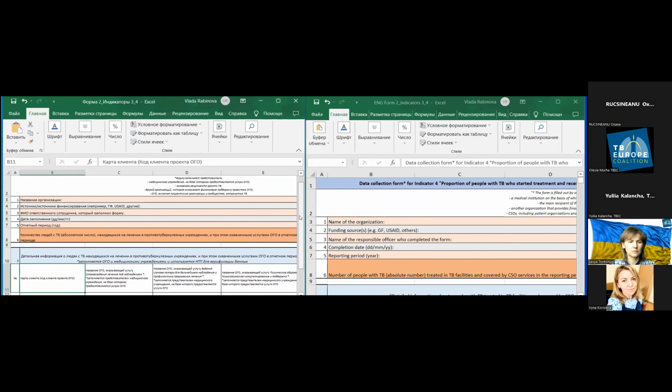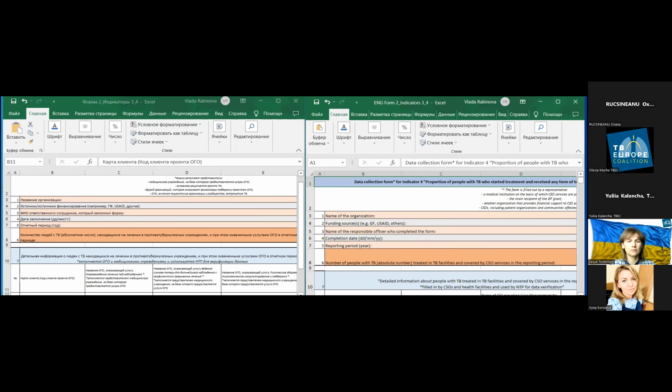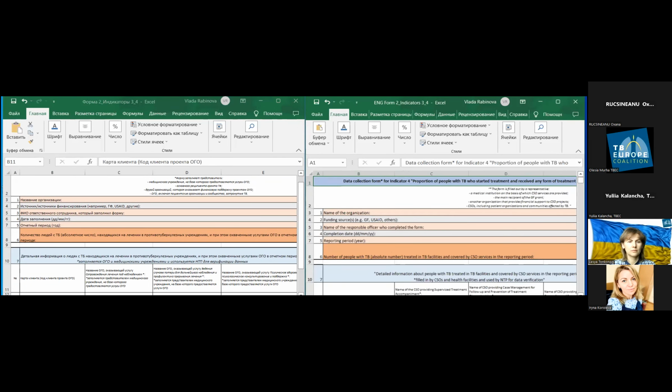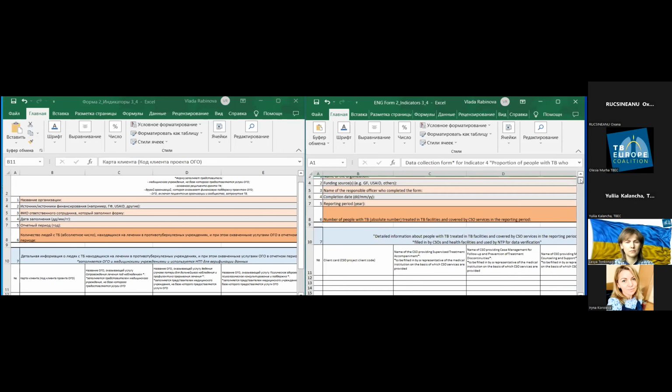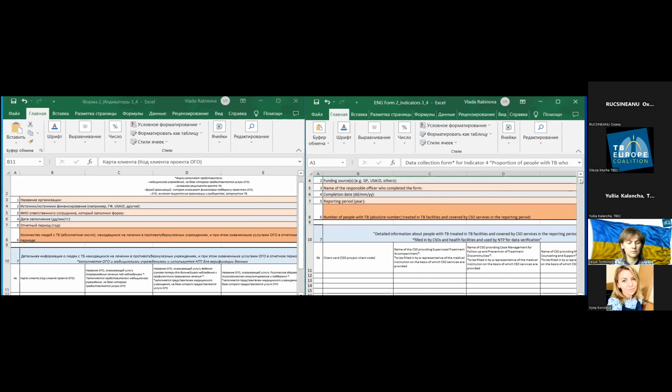And when we worked on these reporting form templates, we had discussions with the organizations on the reporting forms that they use. That is why here we make it possible to use something that is already available based on Ukrainian experience.